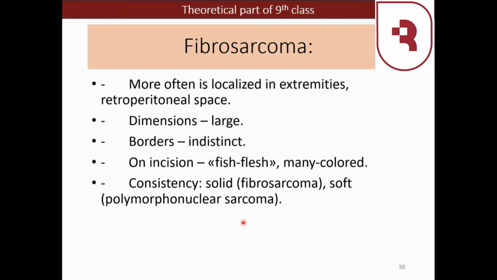On its incision, it resembles fish meat. Many colored, so it may be white, it may be yellow, it may be red, and some other colors. Consistency is mostly solid for fibrosarcoma, and soft for polymorphonuclear sarcoma.